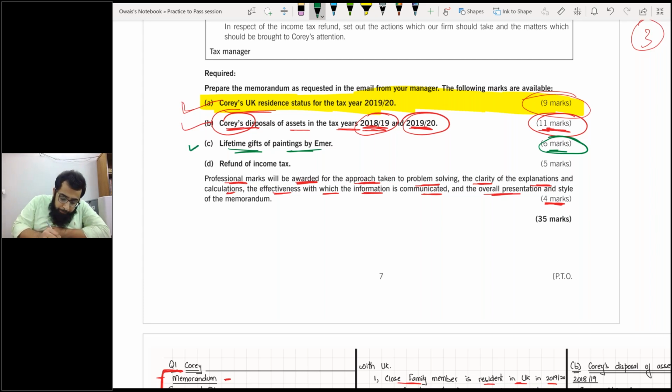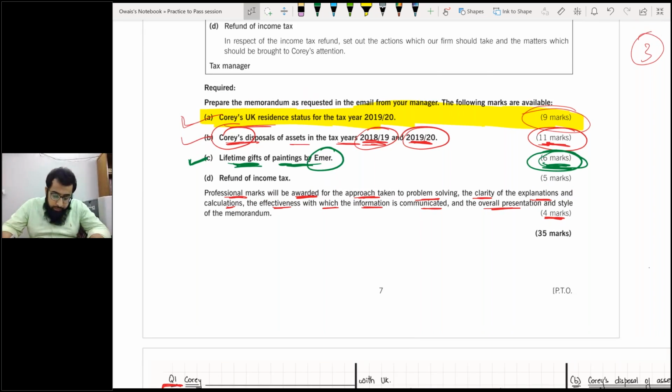Now, part C, lifetime gifts of painting by Emmer, and we are given 6 marks. A very easy part, 6 marks cash. Let's go and read it.